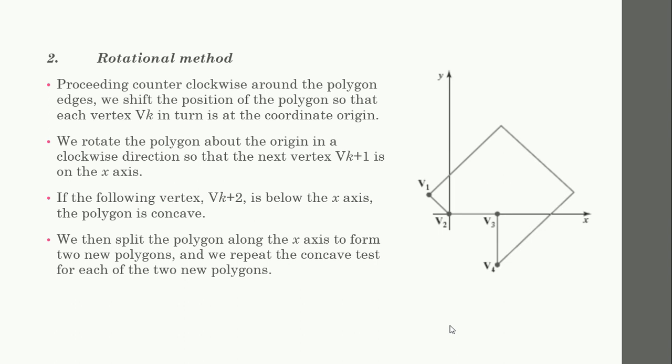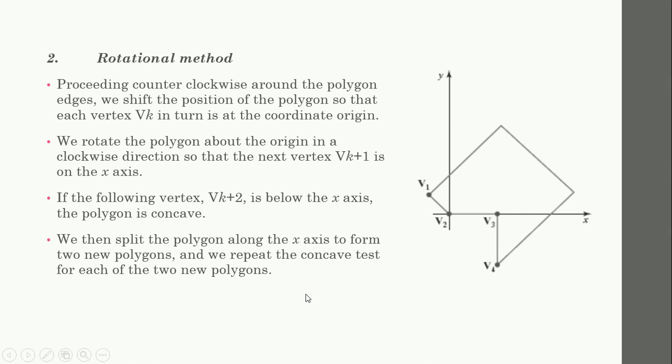So you have to start keeping the vertices on the origin one by one. For example, initially you may keep this v1 on the origin, and you see where the other vertices are. Like this you may proceed.